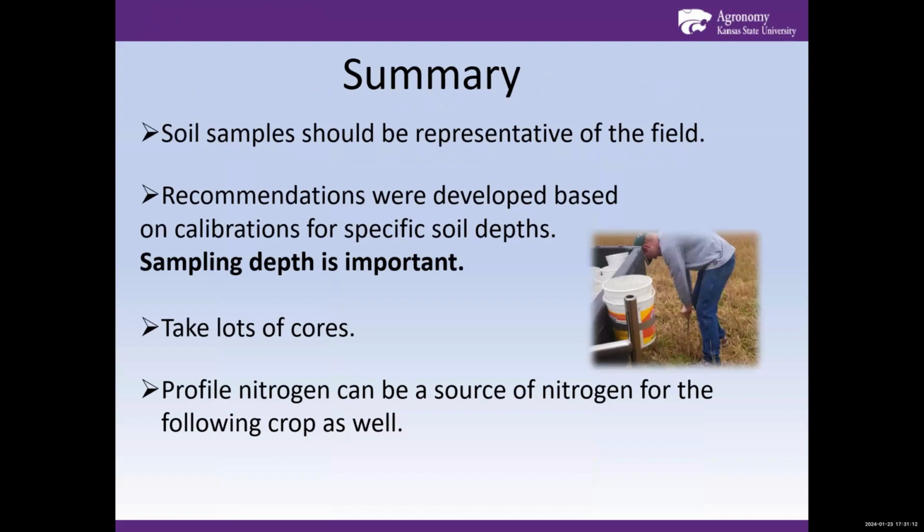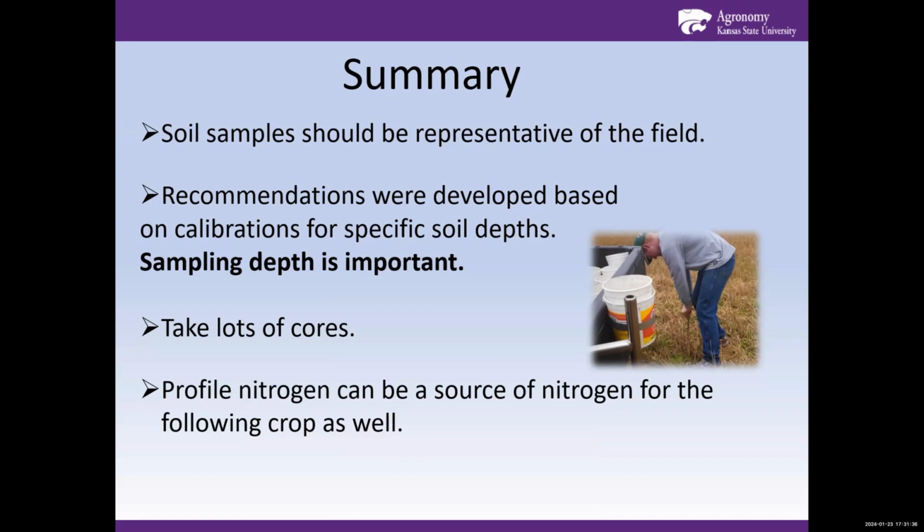Just some summary, of course, when you're pulling soil samples, they need to be representative of the field, and then any recommendations should be based on the interpretation guide and recommendation guide. And then always take more cores than what you might need. It's key, 15 to 20 at least.